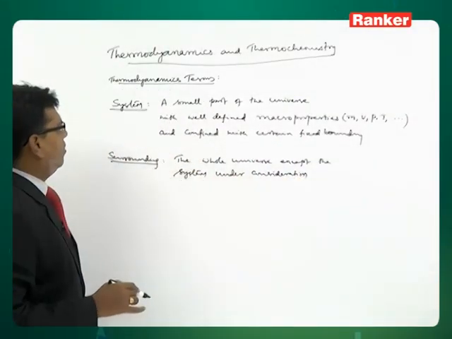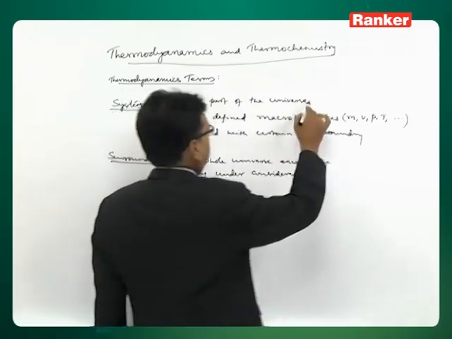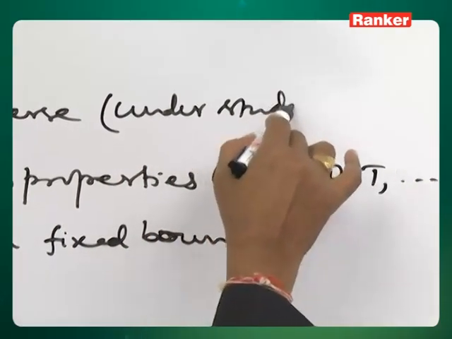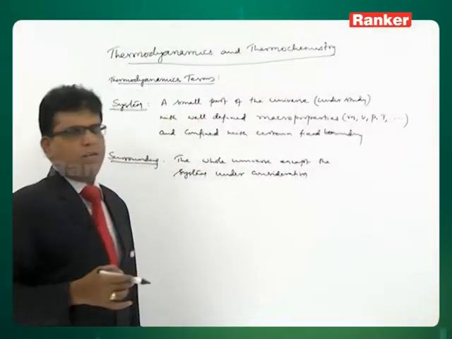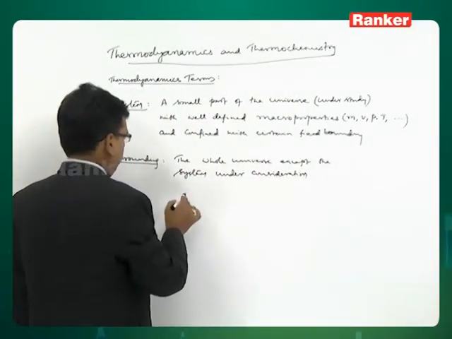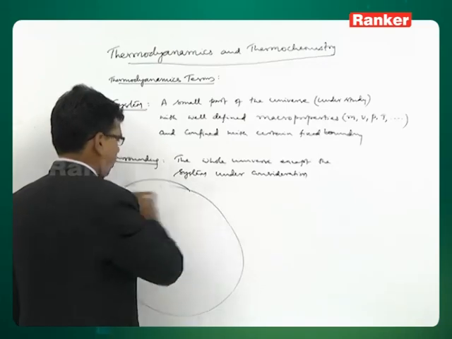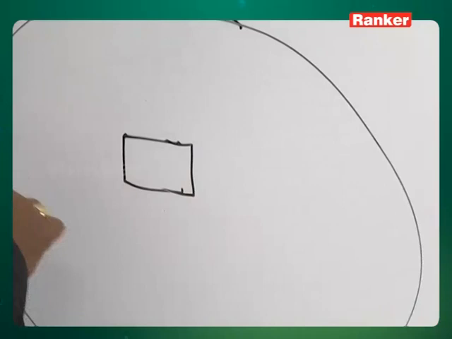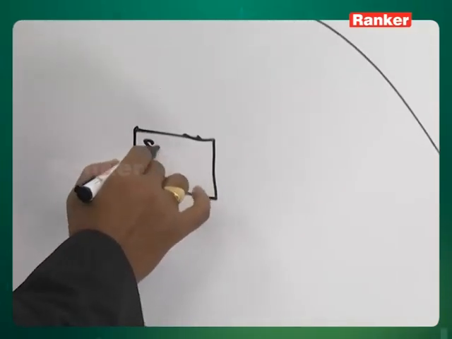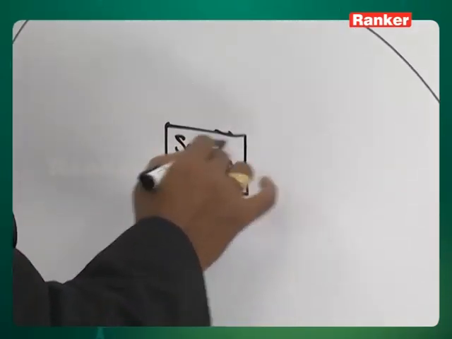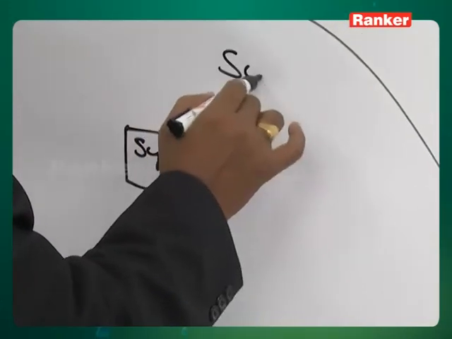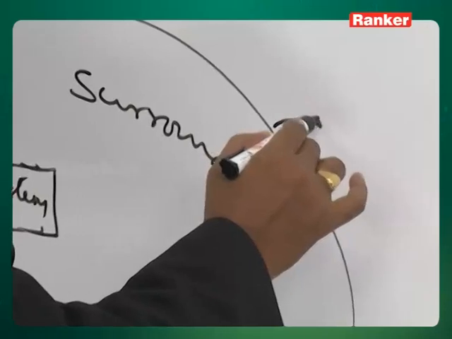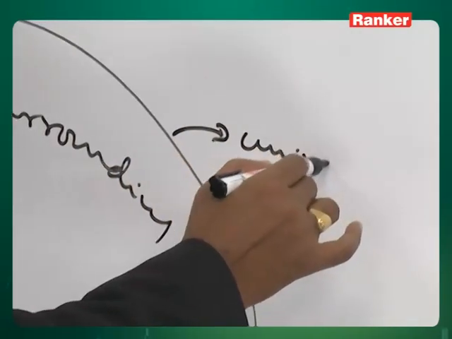So, a system is otherwise nothing but a small part of the universe which is under consideration or under study. If you consider that this is the whole universe, in this a small part is your system and this is the surroundings, and this whole thing is the universe.